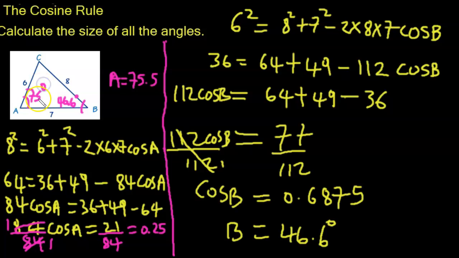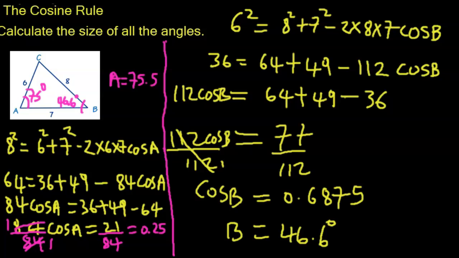So remember, don't forget, the sum of all the angles in a triangle is 180. To get the value of angle C, of course we could use the formula again and use the 7 this time. But we have two angles. So angle C would just be 180 minus the sum of these two angles.